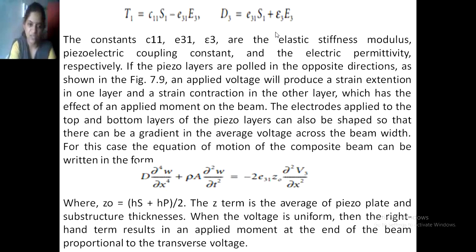Here Z0 is nothing but the average of piezo plate and the substructure thickness. When the voltage is uniform, then the right hand term results in an applied moment at the end of the beam proportional to the transverse voltage.